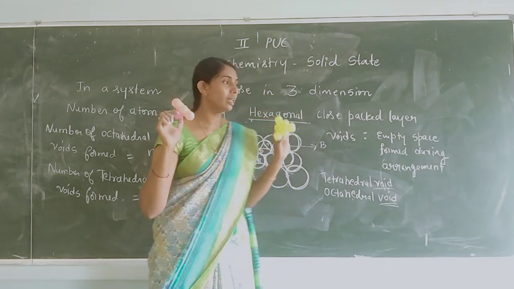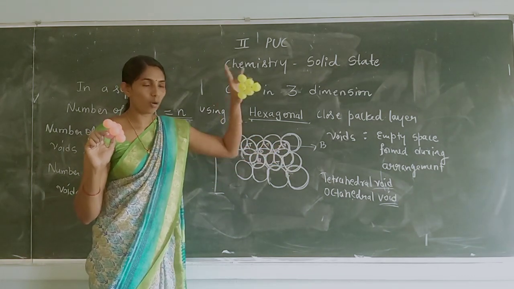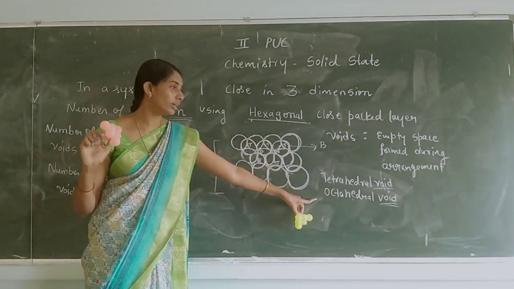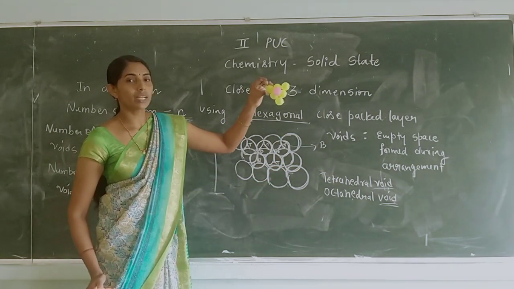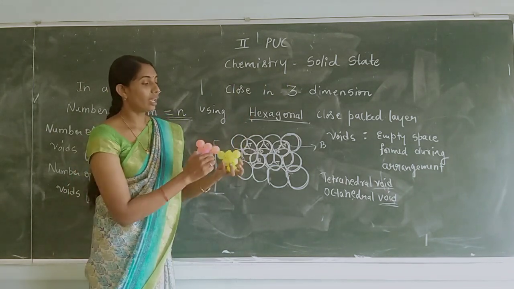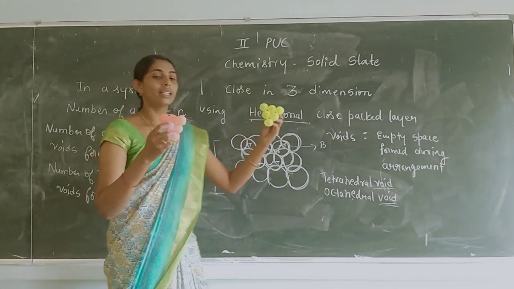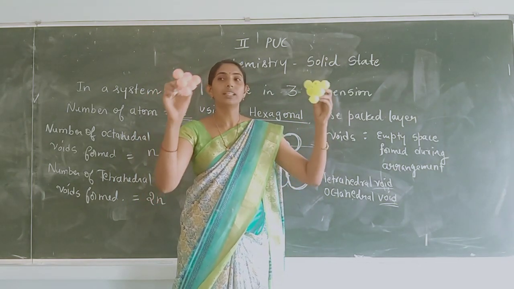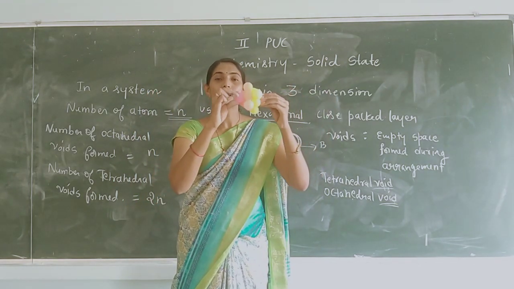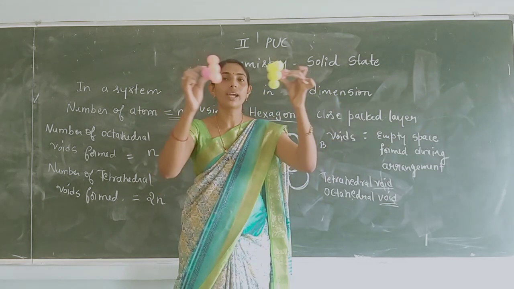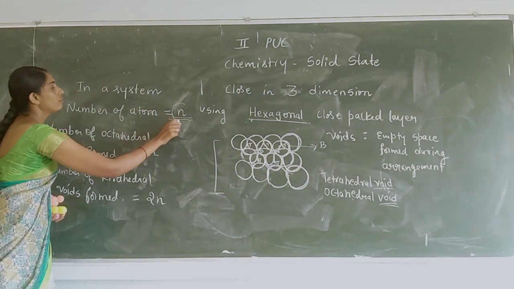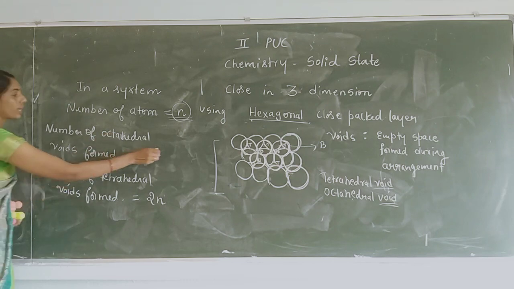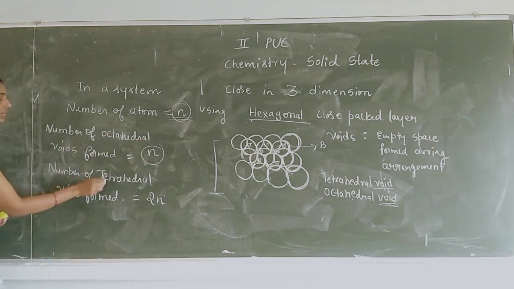Don't be confused. When the second layer is placed on the first layer there are two possibilities: a tetrahedral void and an octahedral void. A tetrahedral void is the triangular void of the first layer when it is covered by the spheres of the second layer. An octahedral void is when the triangular void of the first layer and the triangular void of the second layer join together at the center. So two tetrahedral voids give one octahedral void. Therefore in a system, if the number of atoms is n, the total number of octahedral voids formed is n, and the total number of tetrahedral voids formed is 2n.